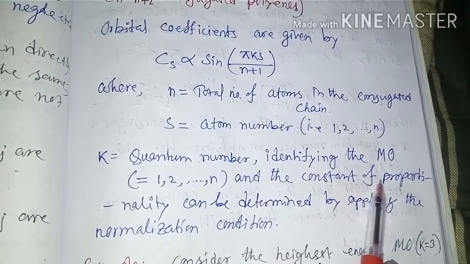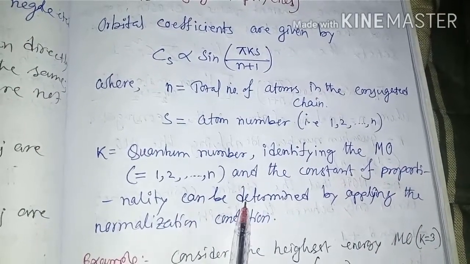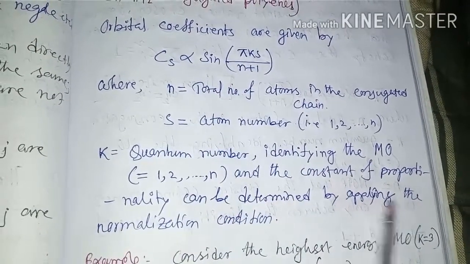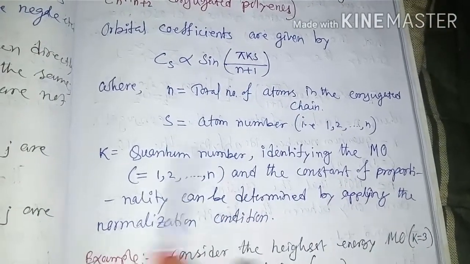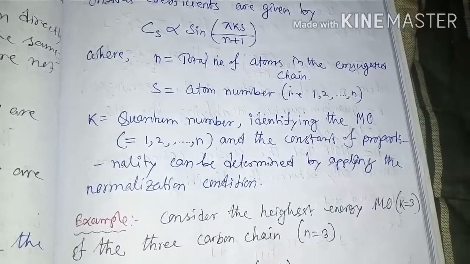The constant of proportionality can be determined by applying the normalization condition. Understood this part?